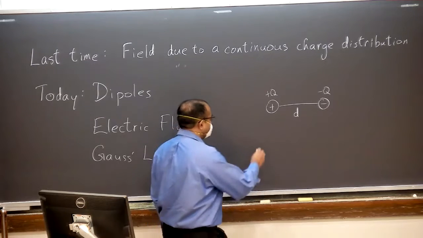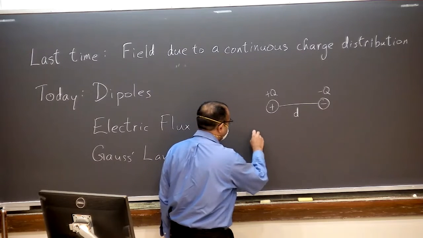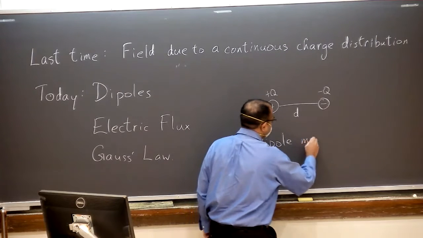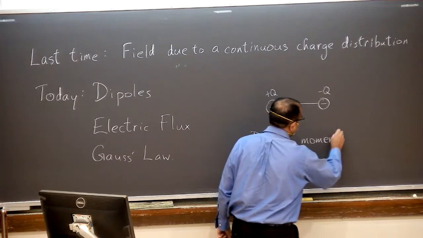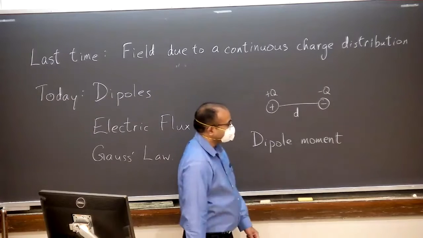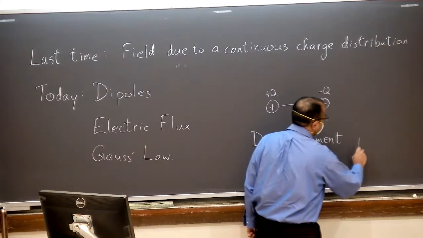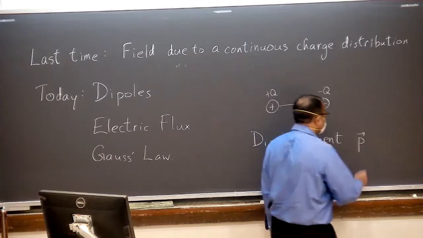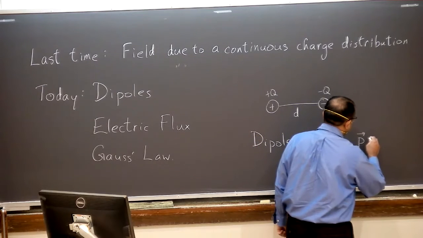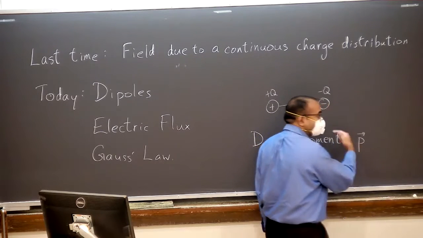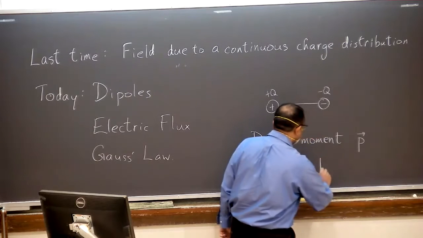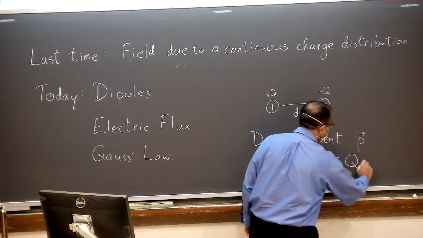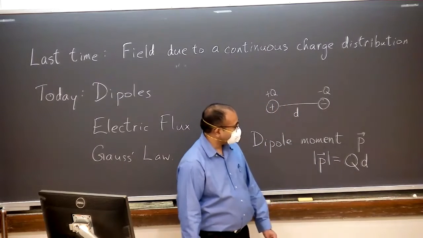It turns out to be convenient to describe something called a dipole moment to this dipole. Somewhat unfortunately, the symbol is P. So you have dipole moment P, it's a vector. The magnitude of this vector is q times d.